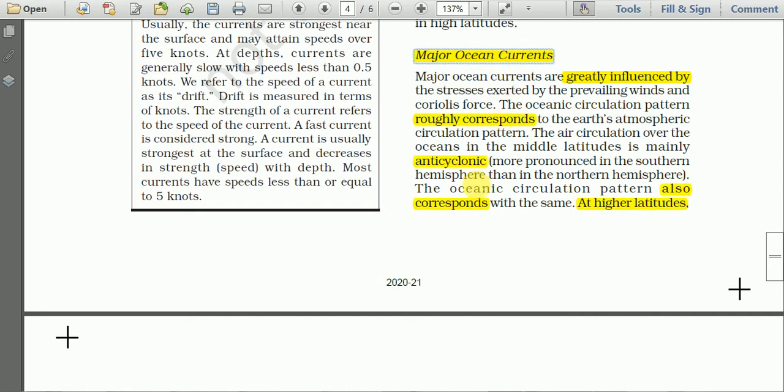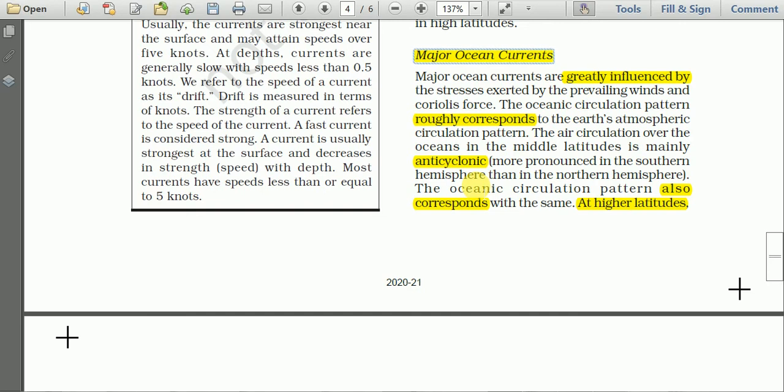Major ocean currents. We have already learned that ocean currents are the continuous flow of a huge amount of water in a definite direction.